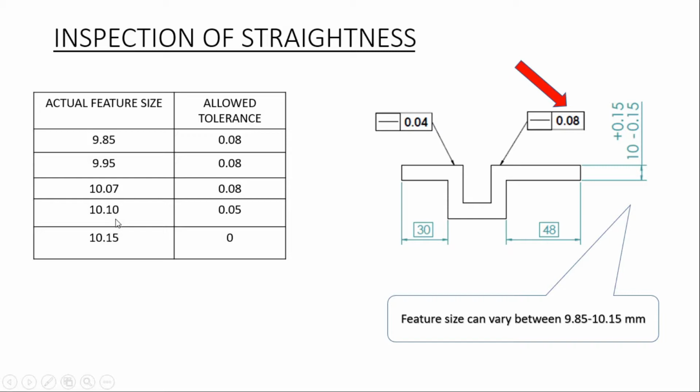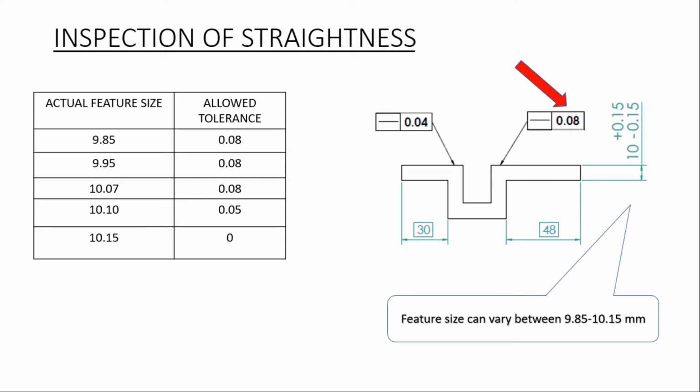If you go, for example, to 10.10 mm, if the feature size measured in any cross section here says 10.10, that means if you add 0.08 to the 10.10 value, it will go to 10.18, which is over the size tolerance. So the form tolerances should not exceed the size tolerance.